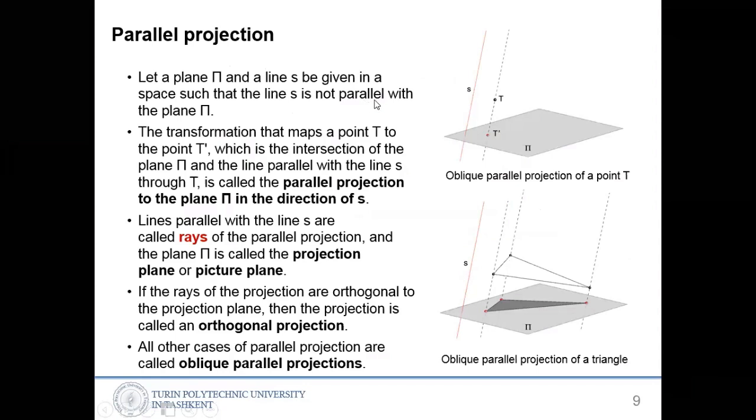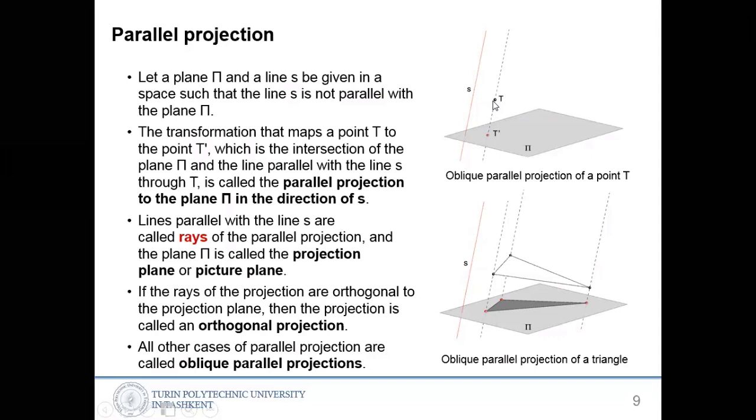So the second way of projection is parallel projection. As we told you, in parallel projection the projecting ray is parallel to the projecting direction, instead of having a projecting center.